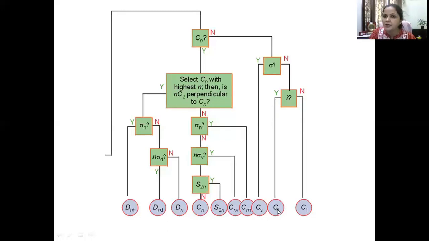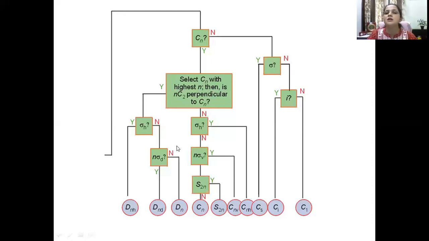Ci means I stands for inversion center. And if the molecule is not possessing any inversion center, no rotation axis, no mirror plane, then the point group is assigned as C1. C1 means there is nothing present in the molecule. The molecule possesses only the identity, nothing else.